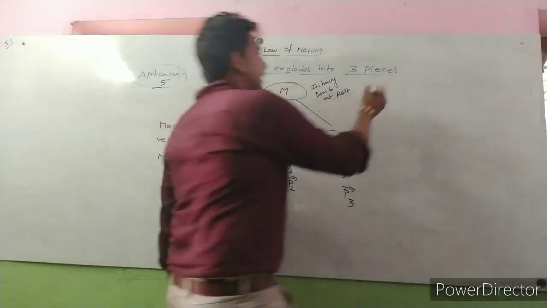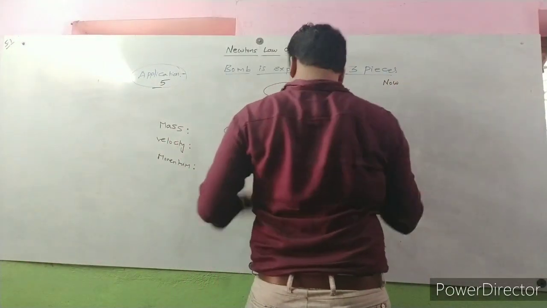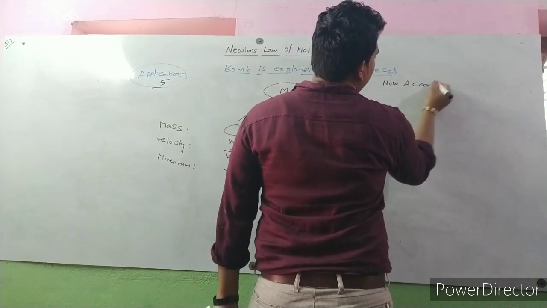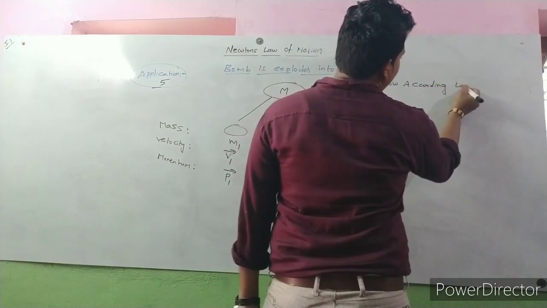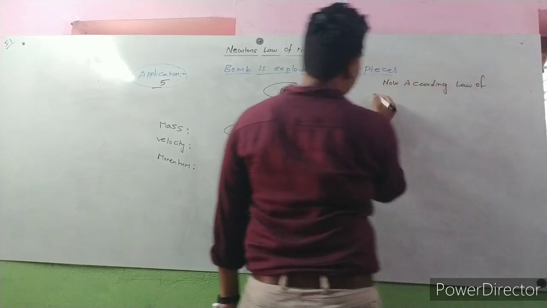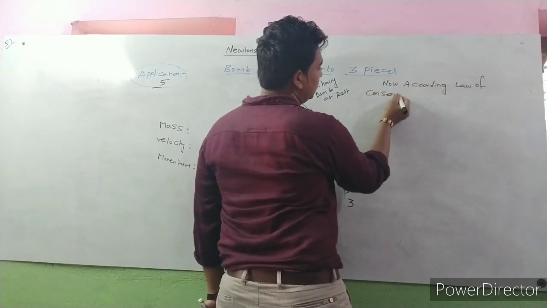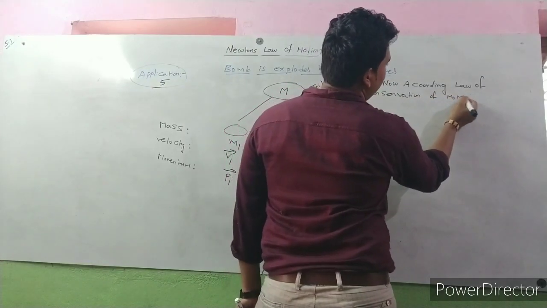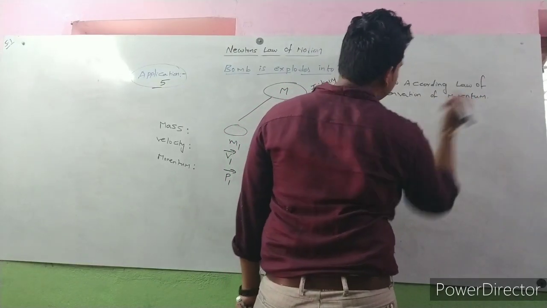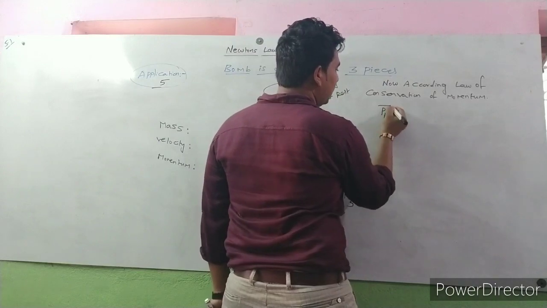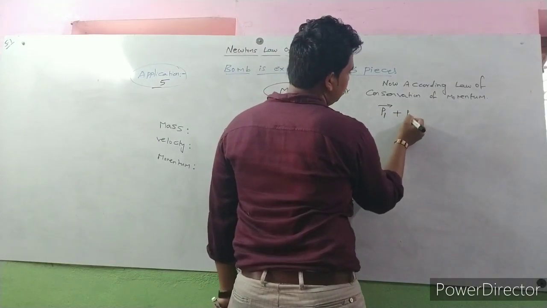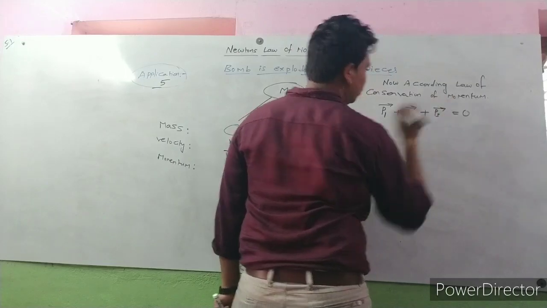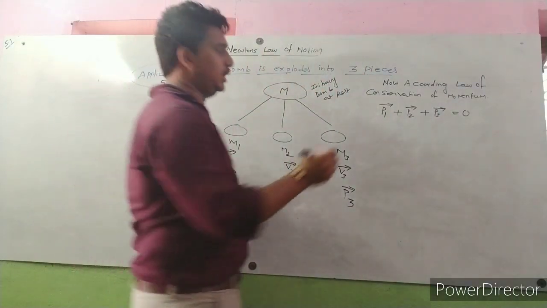Now, according to the law of conservation of momentum, P1 bar plus P2 bar plus P3 bar is equal to 0. This is very, very important.